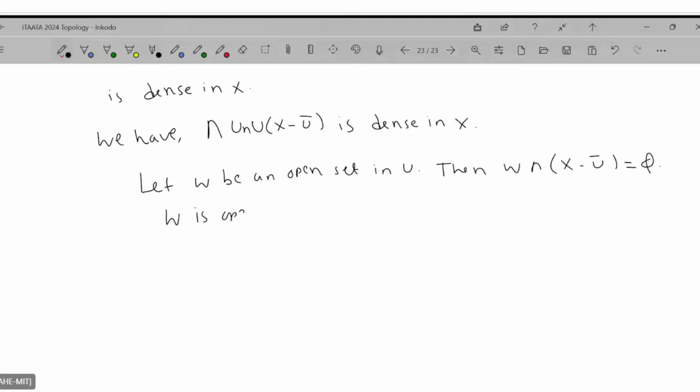So W intersection Un should be non-empty. So this proves that the intersection of Un is dense in U.